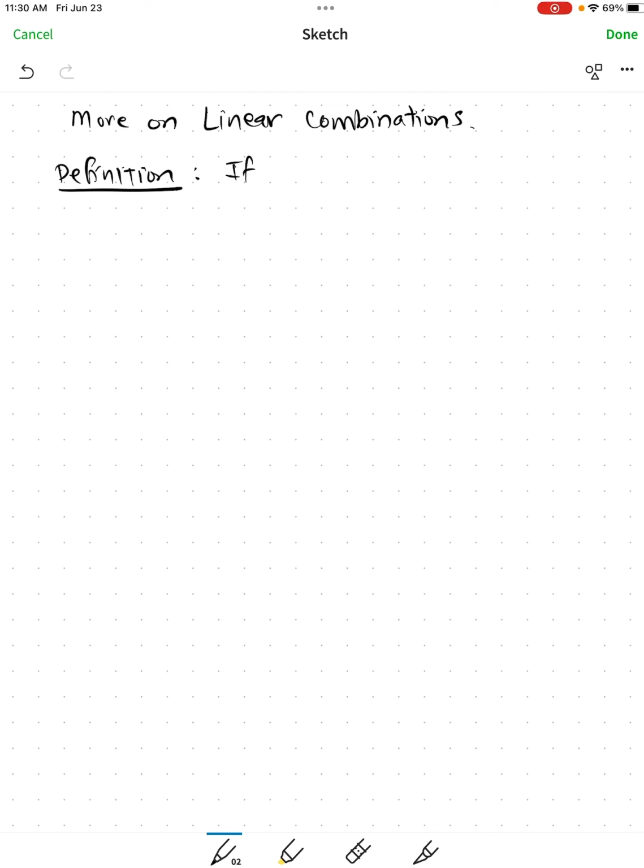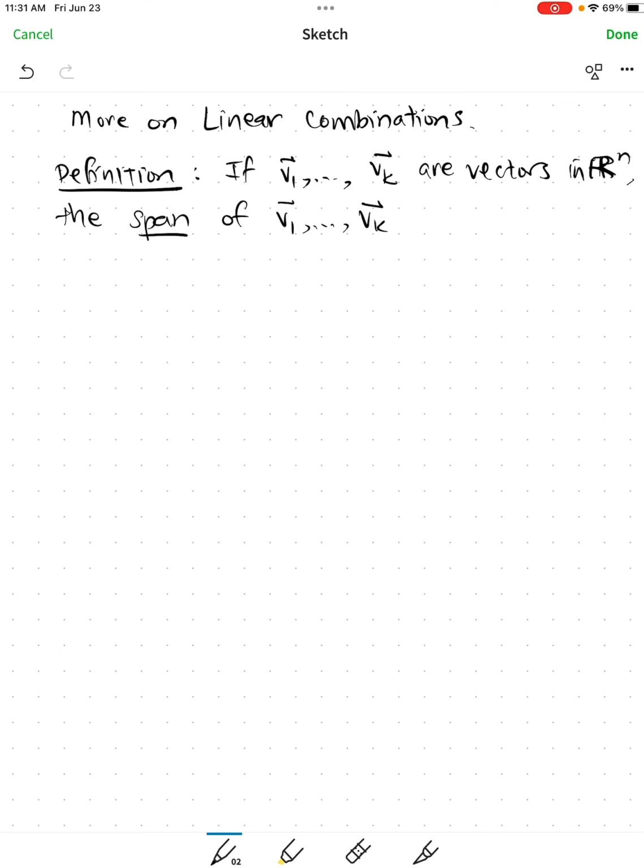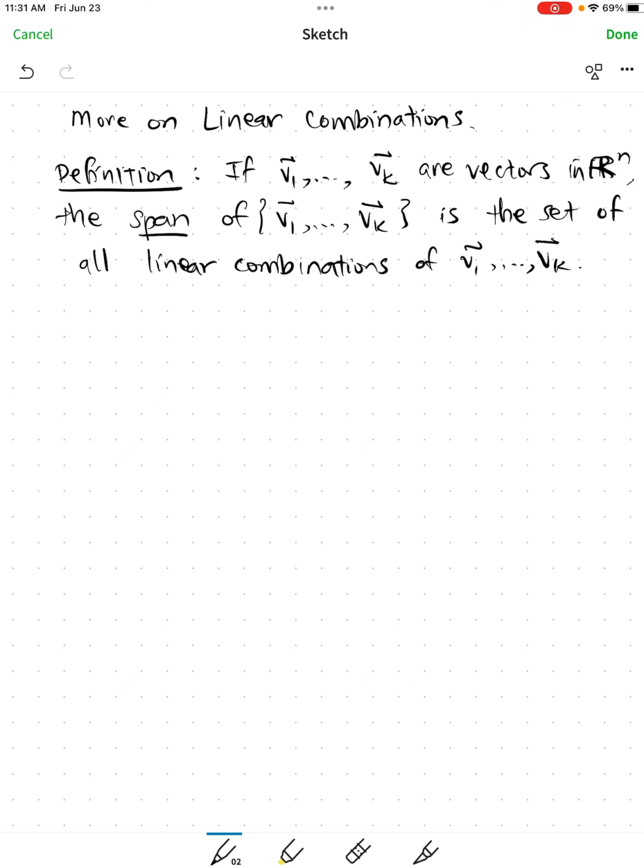So if v1 through vk are vectors in Rn, the span of these vectors, technically it should be the span of the set of vectors, the span of this set is the set of all linear combinations of v1 through vk.